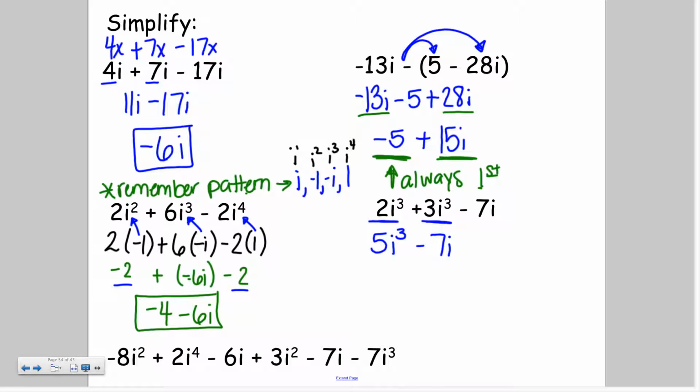Now, i cubed is negative i. All right, so 5 times negative i is going to be negative 5i minus 7i. So negative 5 minus 7 is negative 12, and we keep the i. And that is our answer.